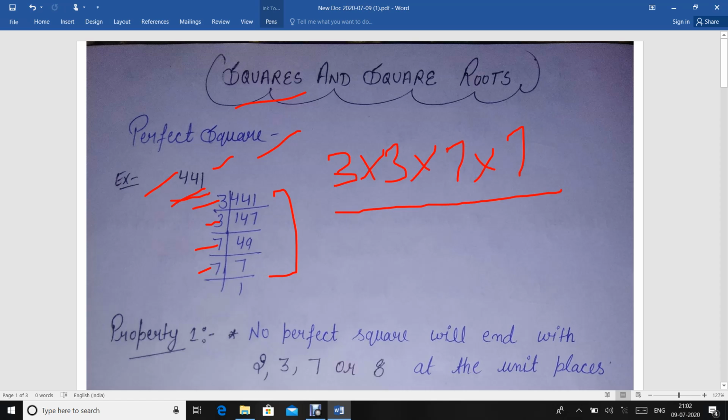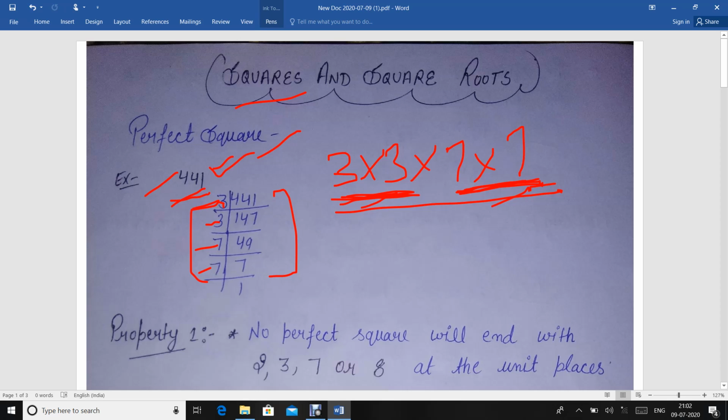This is the group of the prime factors, and we can see that these are making pairs. 3 is making a pair, also 7 is making a pair, and it is complete. So we can say that 441 is a perfect square.